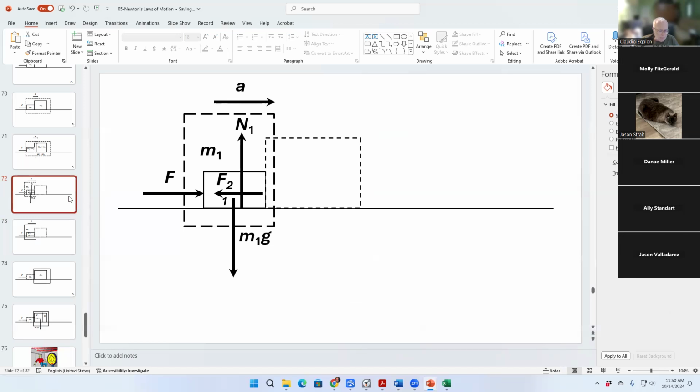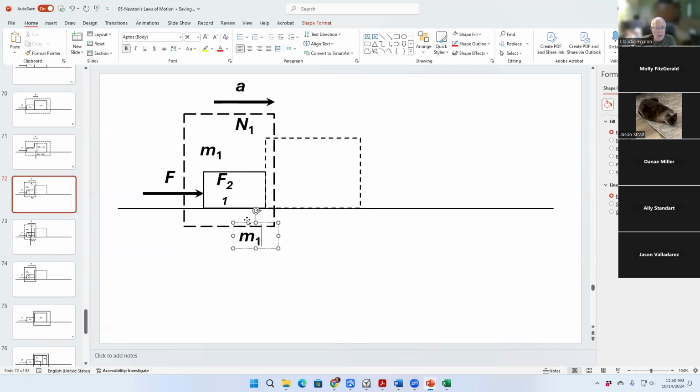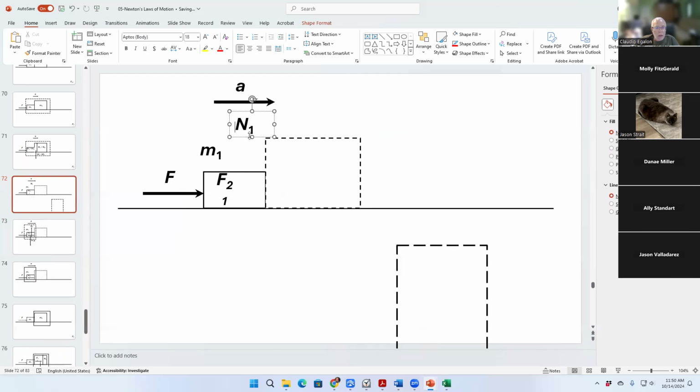And we have to identify the forces. Let me remove those forces here for now. Here you go. M1.